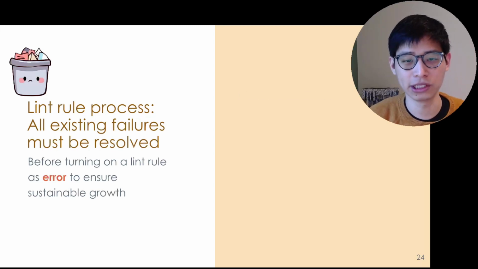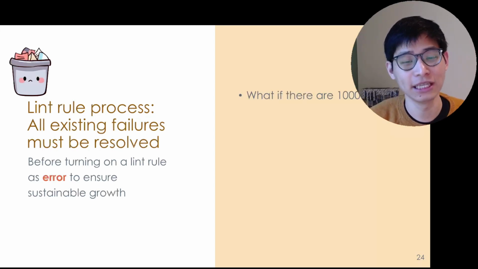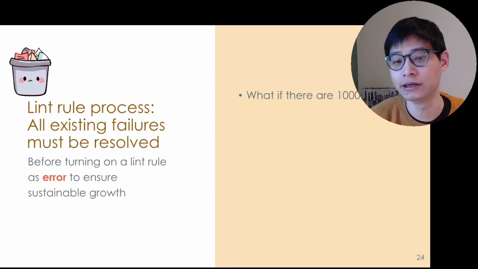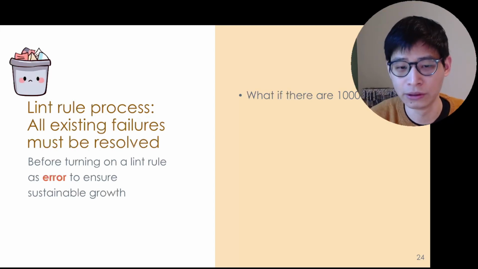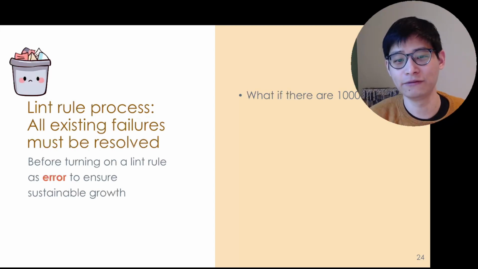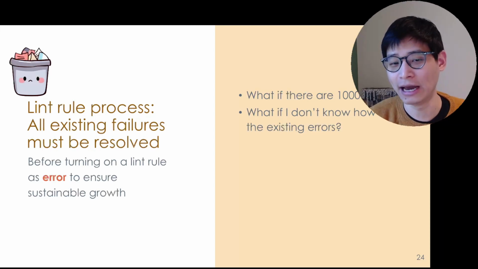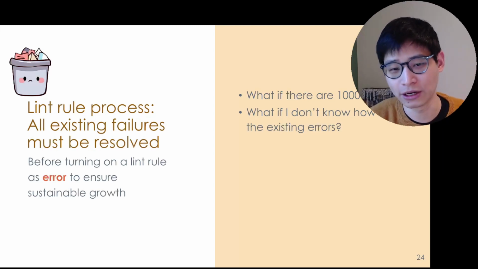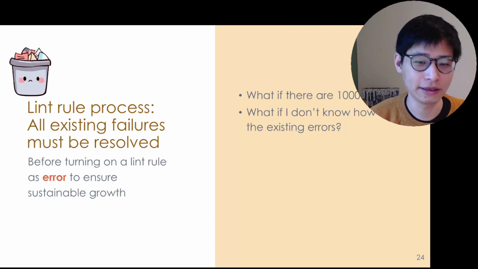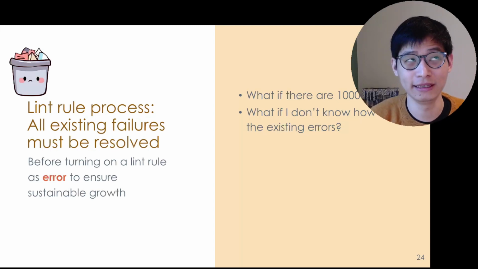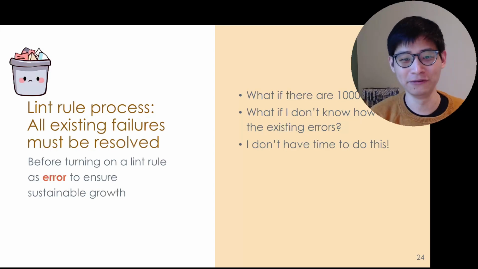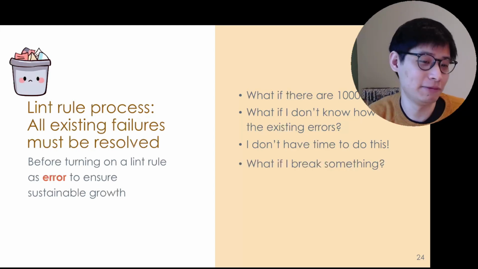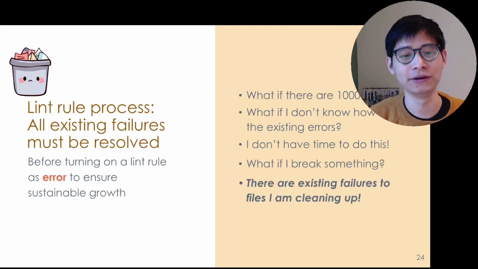And never gets resolved. As an author, you might say, what if there's 1,000 errors that I enable with my lint rule? I can't fix that. I don't even know the code base that well to fix these existing errors. I don't really have time to do this. I want to go on vacation. What if I break something and cause a production issue?